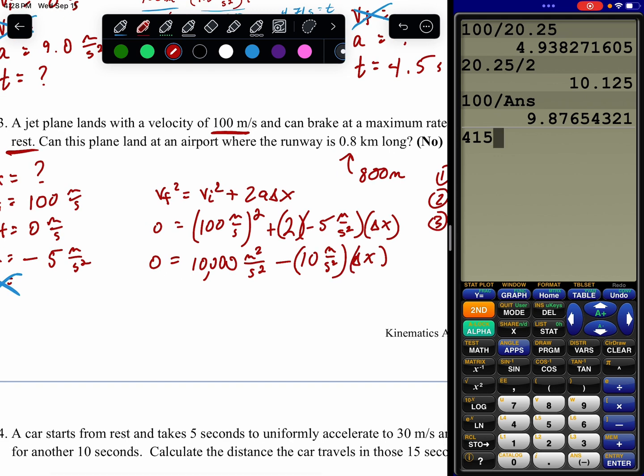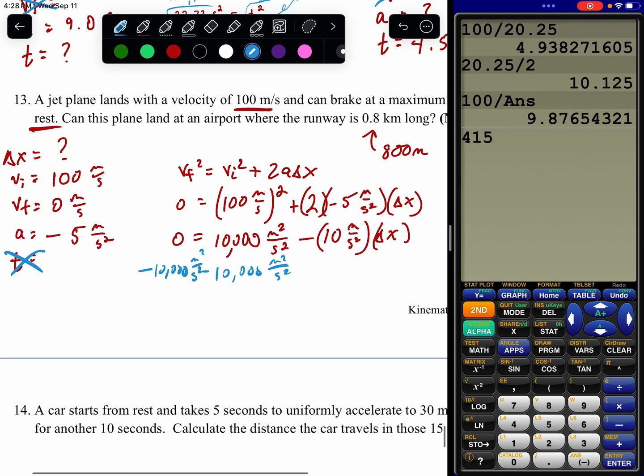So let's go ahead and get that delta x and its coefficient there on one side. Let's subtract the 10,000 meters squared per second squared from both sides. A little cramped, my bad. Those go away.